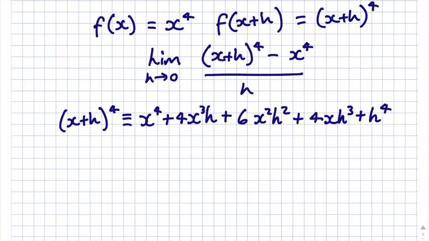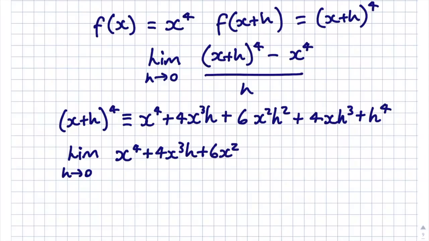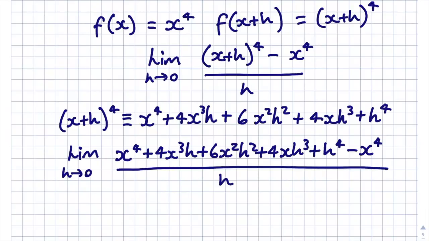So now we can rewrite our limit as h tends to 0 of x to the power of 4 plus 4x cubed h plus 6x squared h squared plus 4x h cubed plus h to the 4, minus x to the power of 4, all over h.